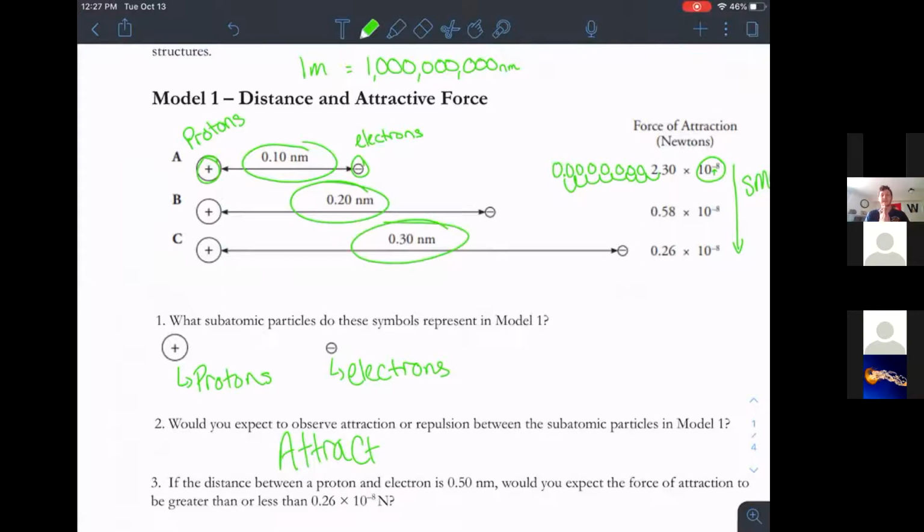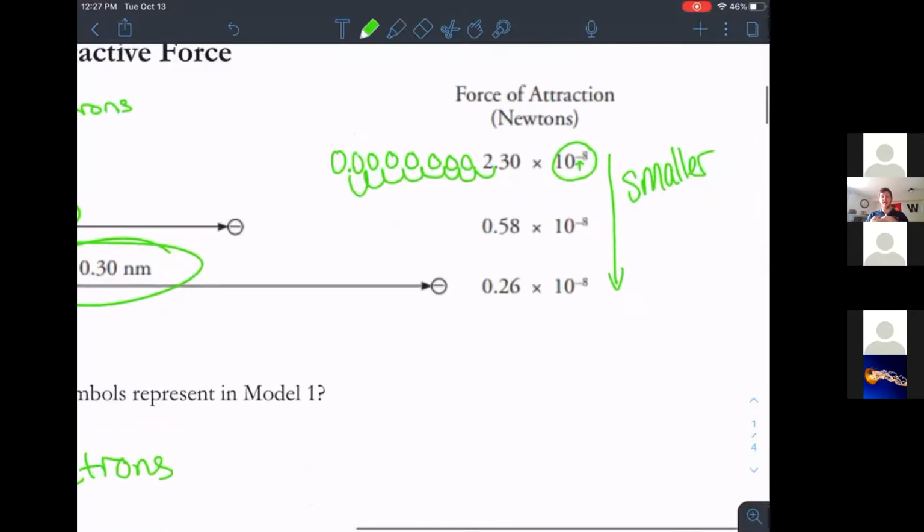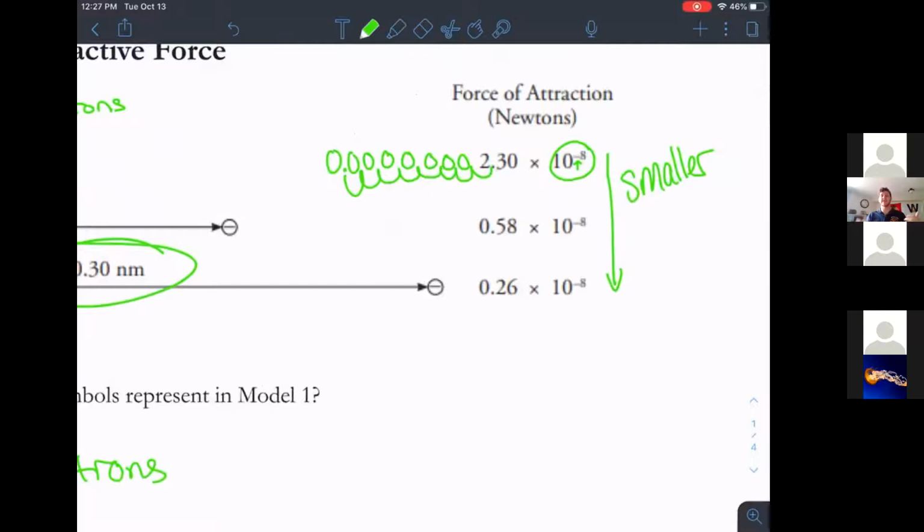So is that distance between our protons and electrons getting bigger or smaller? Bigger. It's getting bigger when we go between the two. When we move down, the distance is getting bigger, and we already wrote down that our attraction force is getting smaller.